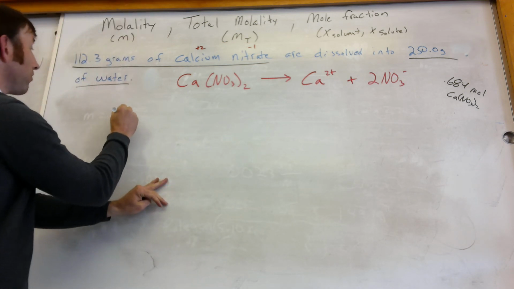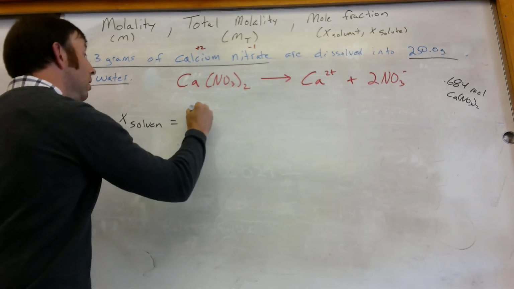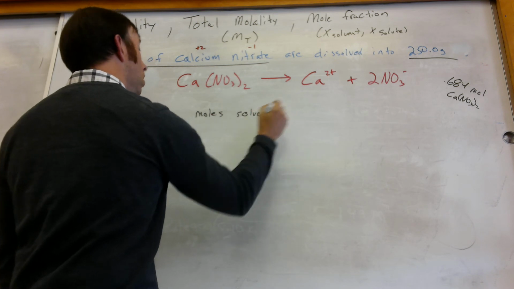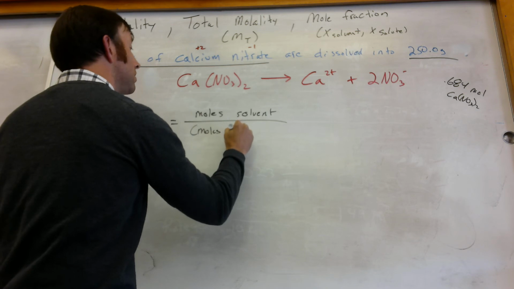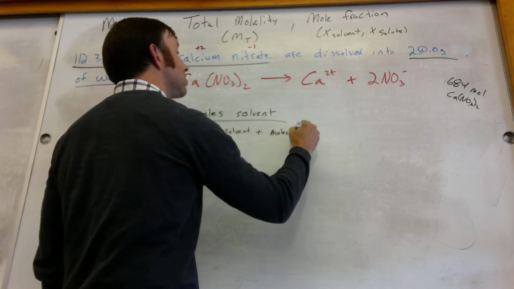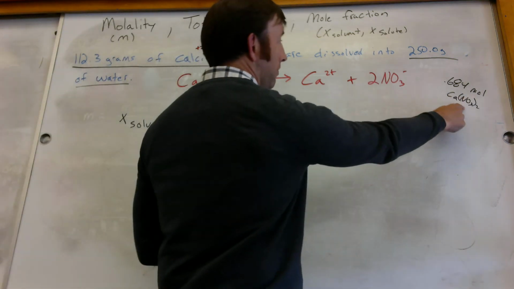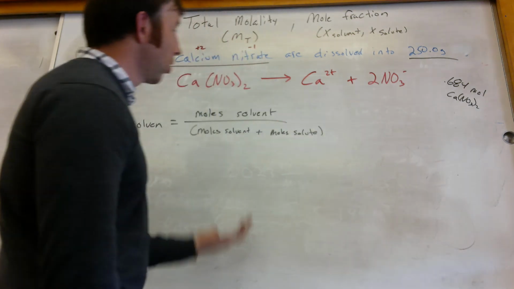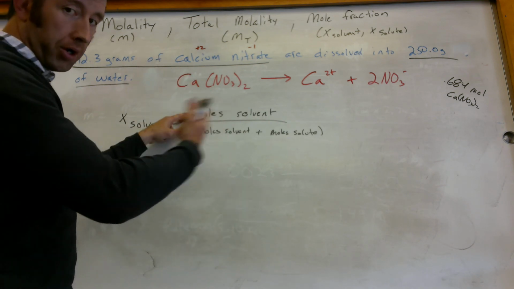Water being our solvent, so it's X solvent equals moles of solvent over moles solvent plus moles solute. Me thinking ahead, I already calculated my moles of solute. I didn't want to do that calculation again, that's why I wrote it down right there. So now I just have to figure out how many moles of water I have in this case.